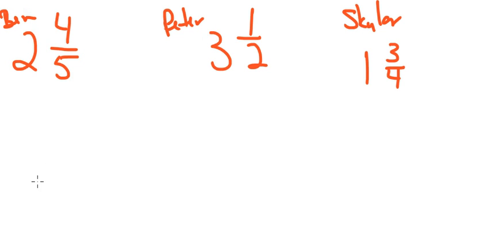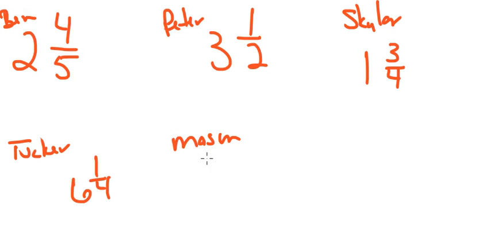Tucker, in your desk there, I want you to do this one, 6 1/4. Mason, you're going to do 1 5/6 in your desk. And Glenn, in your desk, Glenn, I want you to do 3 3/10.